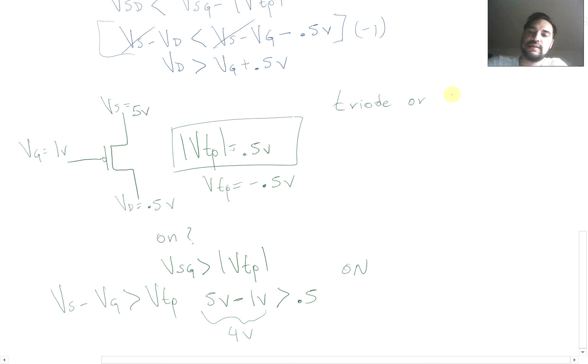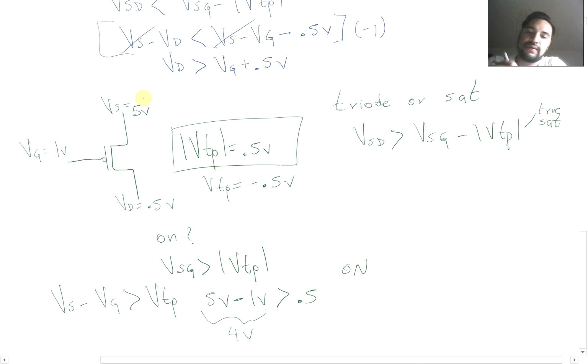Now, is it triode or saturation? So let's see. Let's try VSD. Is it greater than VSG minus the absolute value of VTP? You know that if it's true, it's on saturation. So let's see, VS minus VD, or let's do it the whole way. What's VSD?